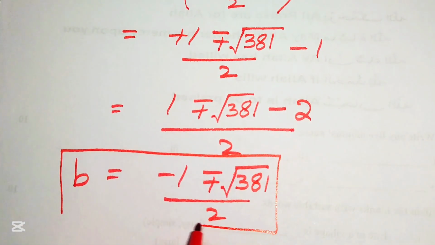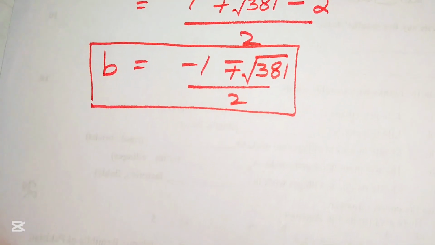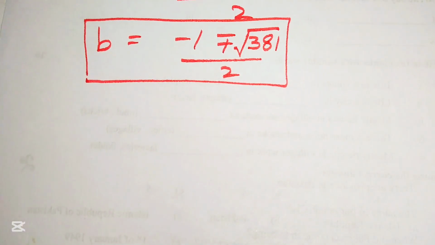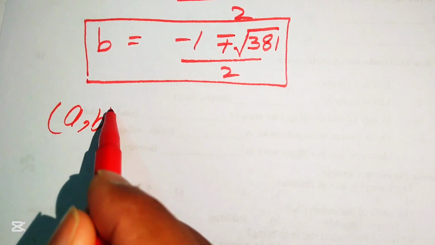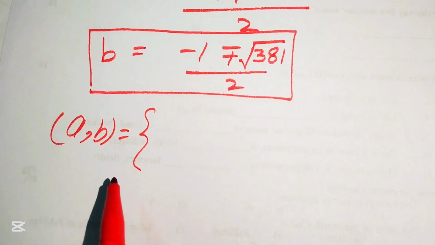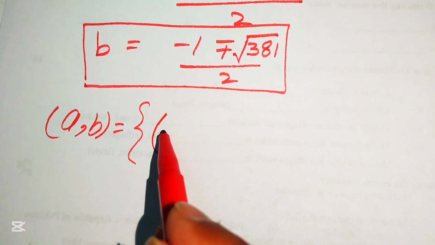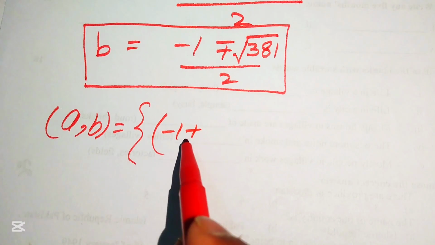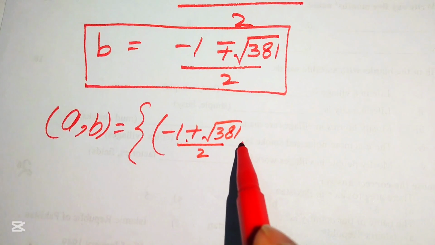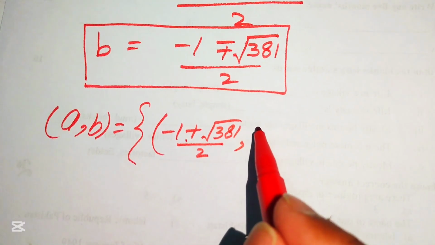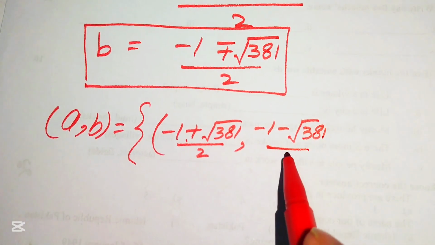So here you see that we have two values of a, and we easily get the corresponding two values of b, so we will write here the solution set of the given equation. The solution set (a, b) equals: first we write the value of a, and second we write the value of b. When the value of a is minus 1 plus square root of 381 divided by 2, we get the corresponding value of b as minus 1 minus square root of 381 divided by 2.